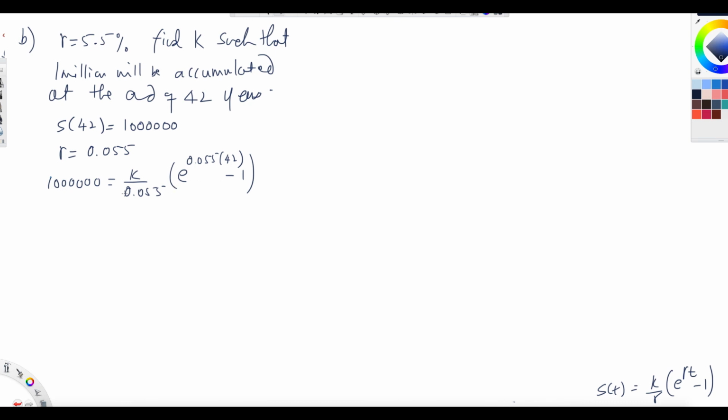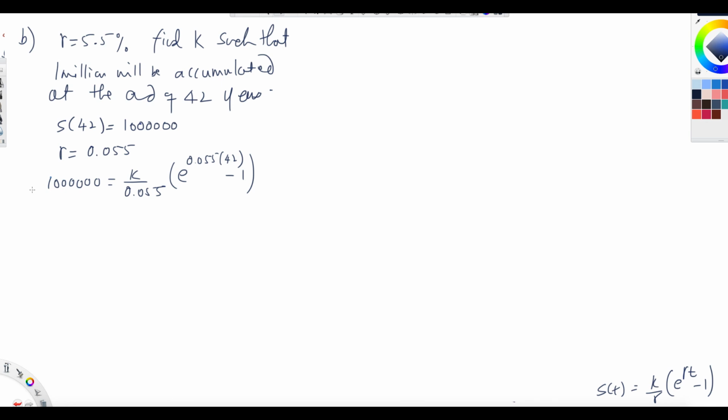Just use a calculator for this, okay? So you need to multiply both sides by 0.055, and then find out e to the 42 times 0.055 minus 1 and divide by that. Let me use the calculator for this.